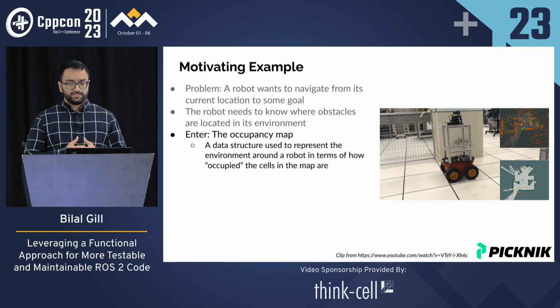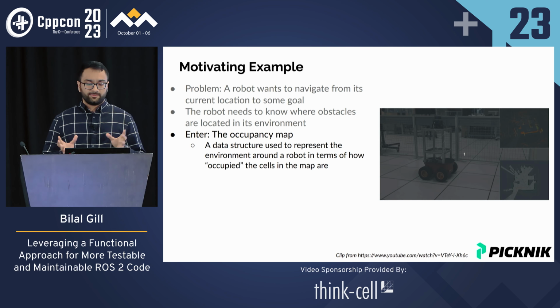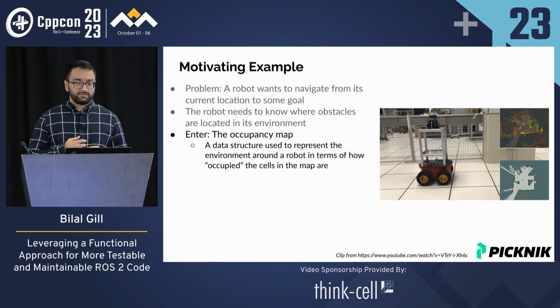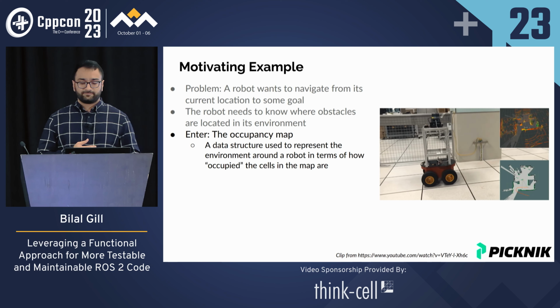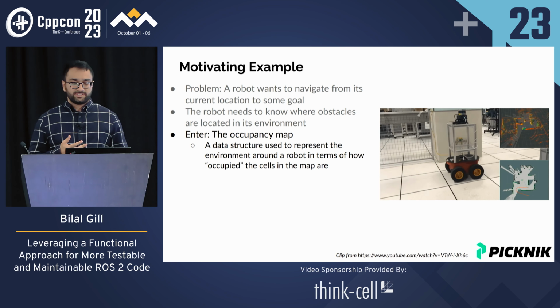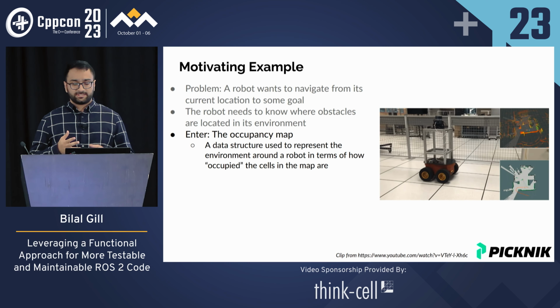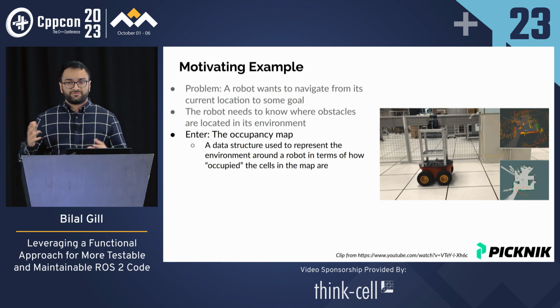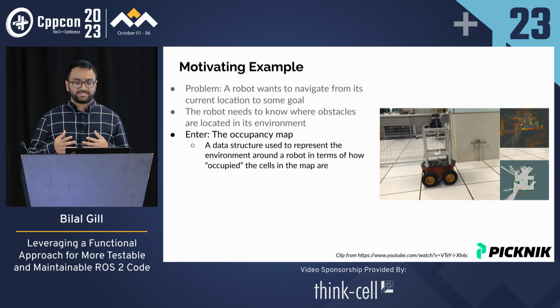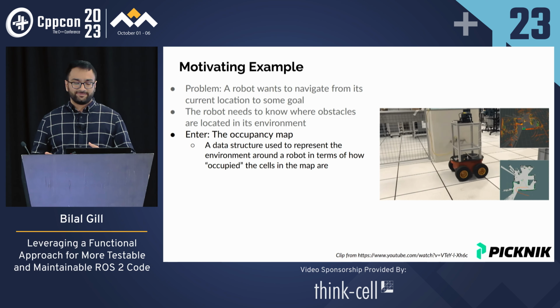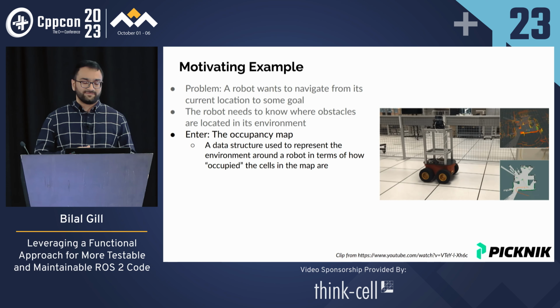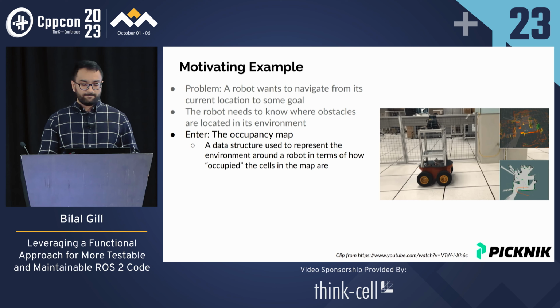It's a data structure used to represent the environment around a robot in terms of how occupied the cells in the map are. In other words, an occupancy map contains confidence in how likely each cell is to be occupied. But for the purposes of this talk, we're only interested in cells that are completely occupied or completely free.